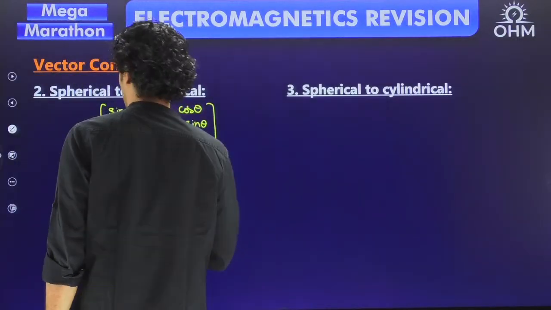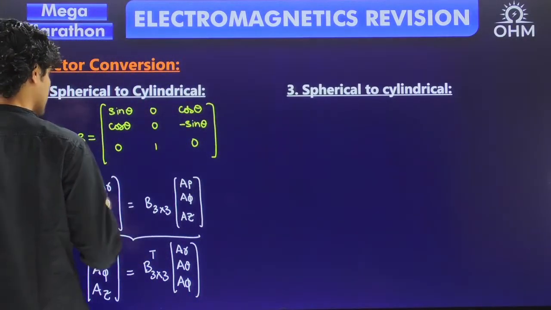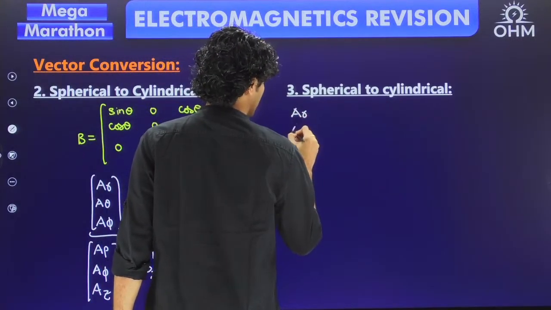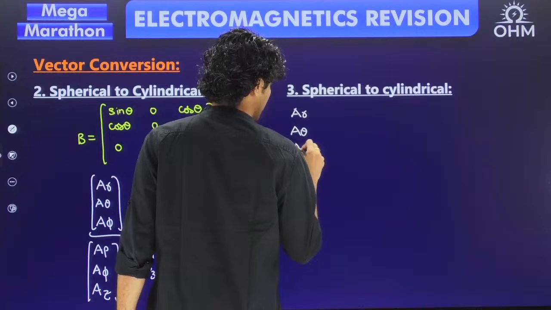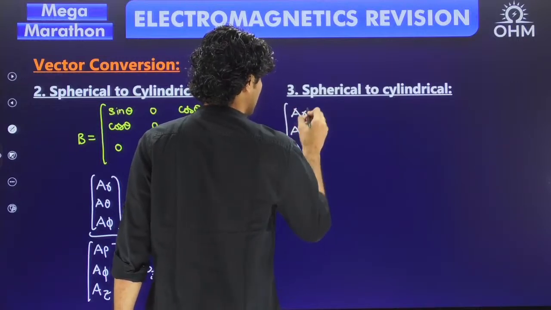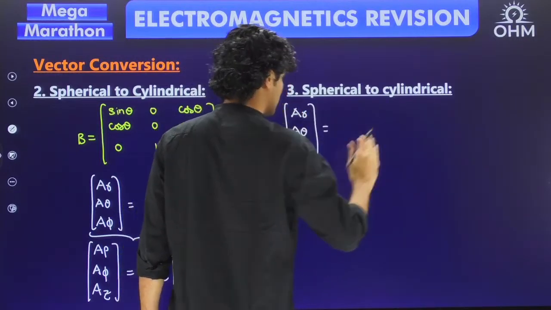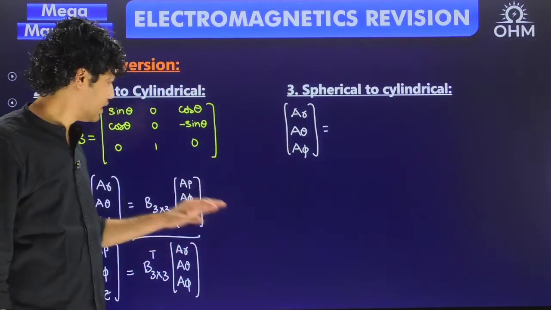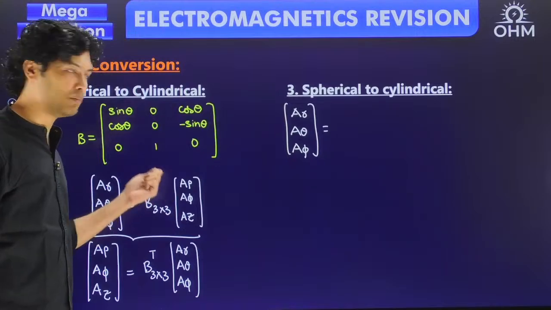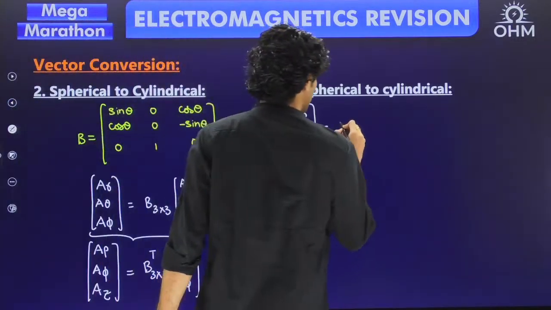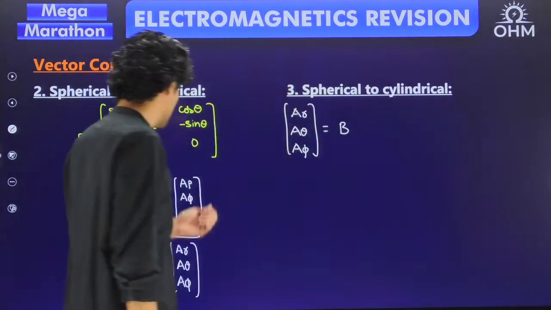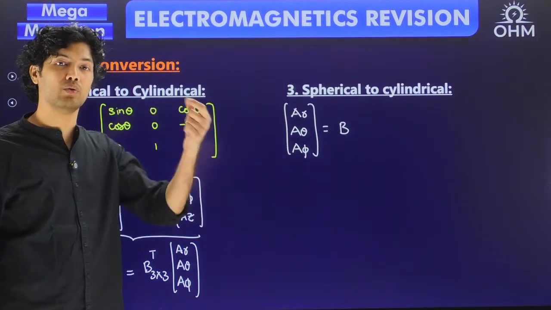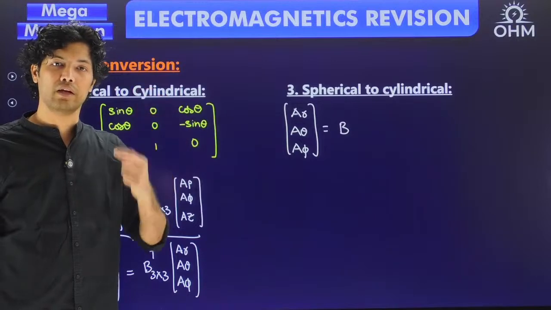Now, if I want AR, A theta, A phi, the vector components, they look a bit complex, not easy to mug up, so don't mug up. Remember it like this. There is a matrix B here, and in place of A rho, A phi, Az, we are replacing it with A into the Ax, Ay, Az column matrix.